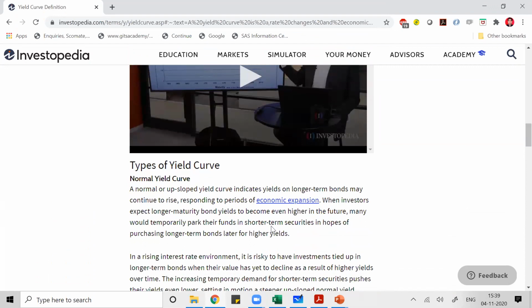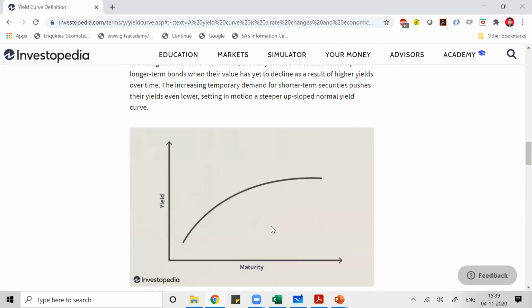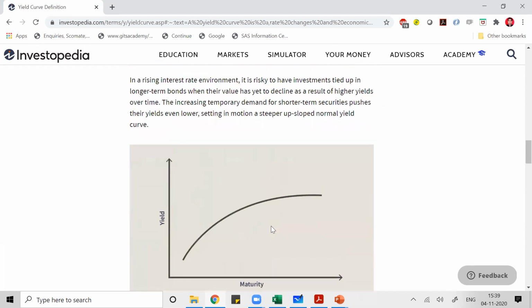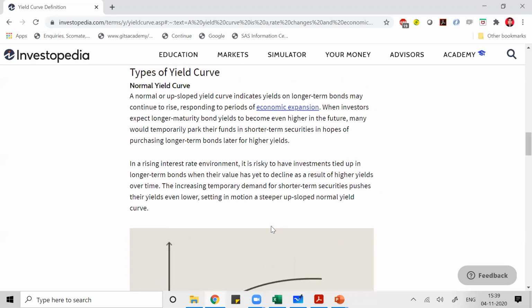So basically, when you talk about the yield curve, this is the normal yield curve. Logically, the debt instrument which has a higher maturity, a longer maturity time period, should give you more interest than the debt instrument which has a short term maturity.